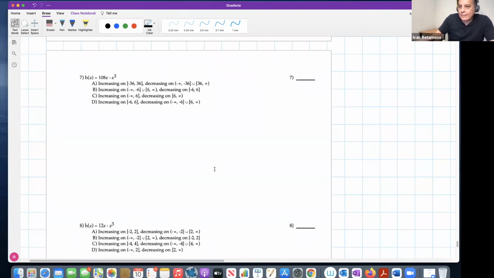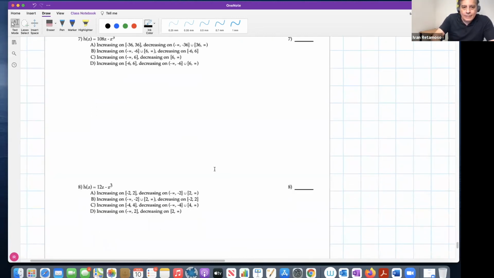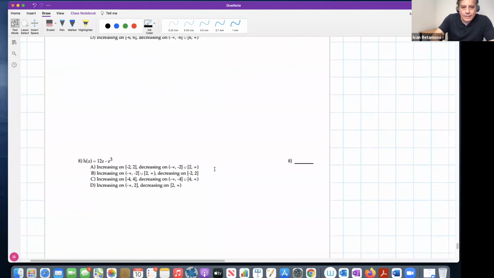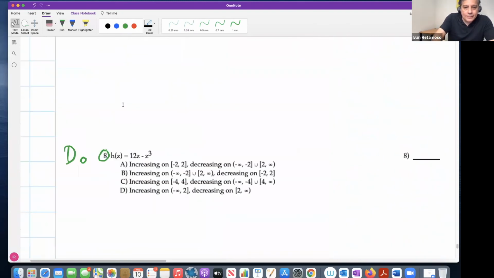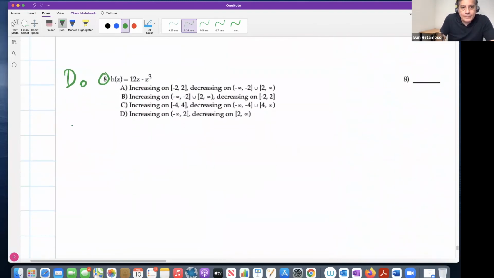Yes, 6 and 7. Let's do this, let's look at 8. Can you try it with the test points? H of z equals 12z minus z cubed.